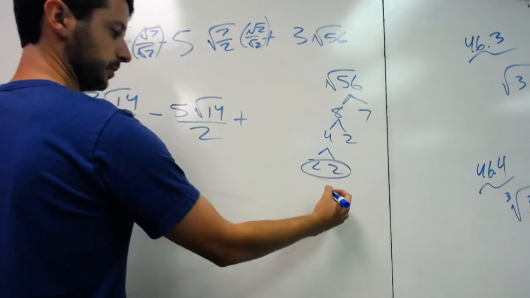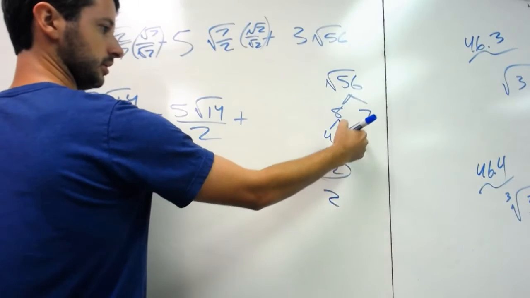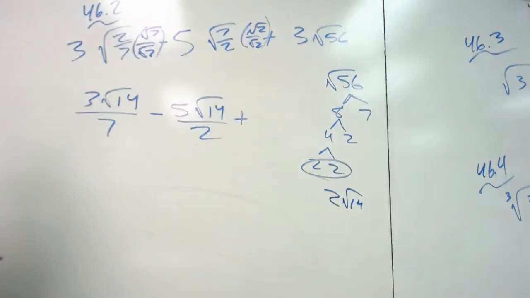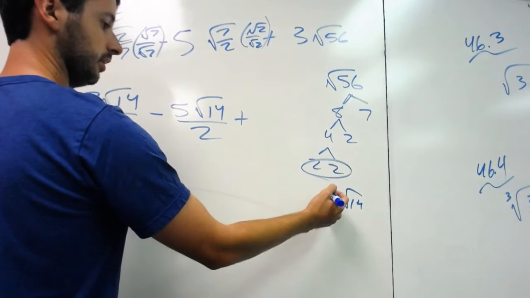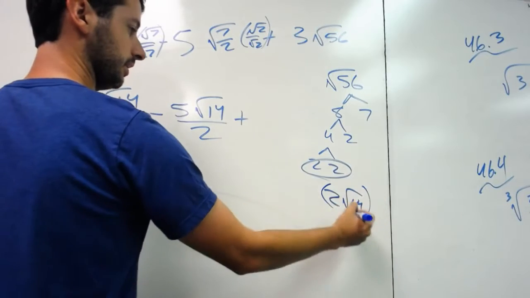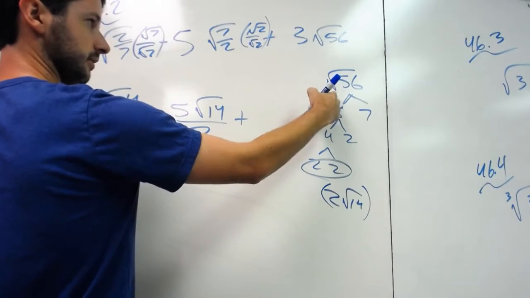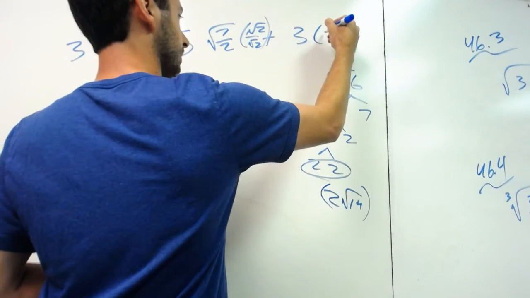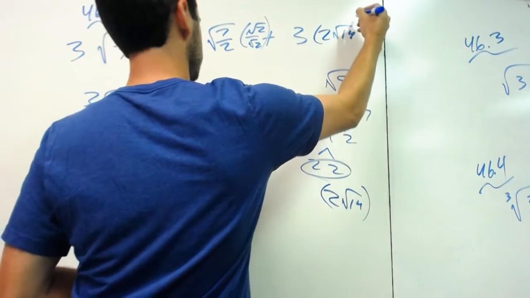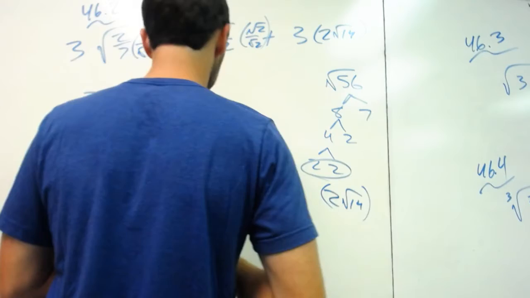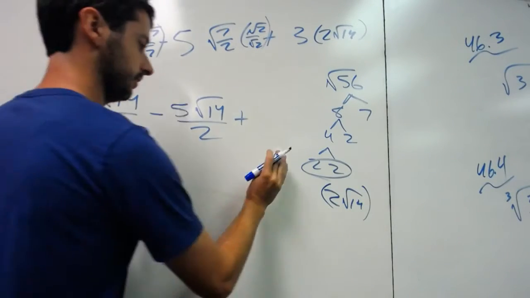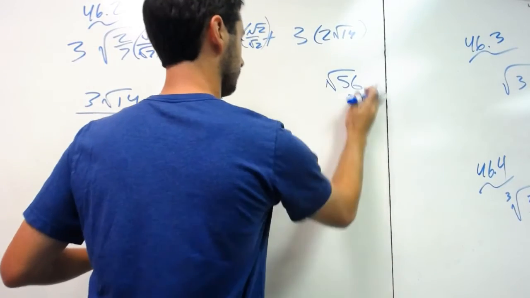So we would be left with 2 radical 14 when we do 2 times 7. 2 radical 14. Now, what we're doing is we are putting this in place of radical 56. So we're saying 2 radical 14 instead of radical 56. So you got to make sure you multiply the 3 and the 2. 3 and 2, 6.